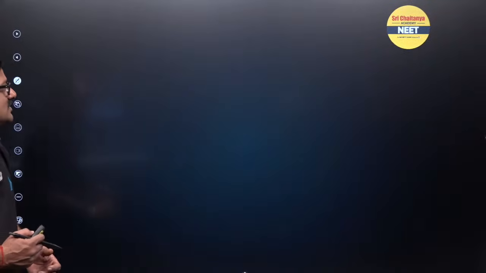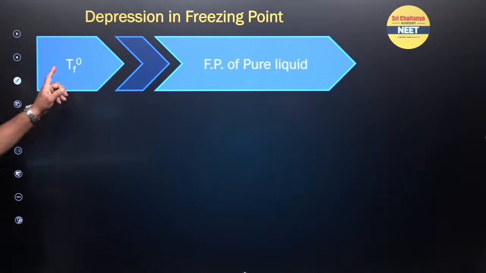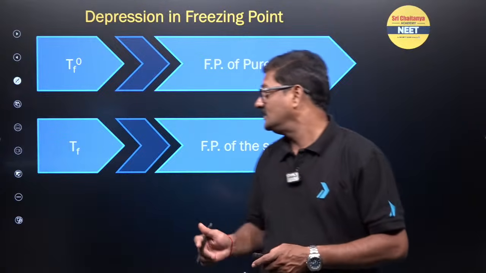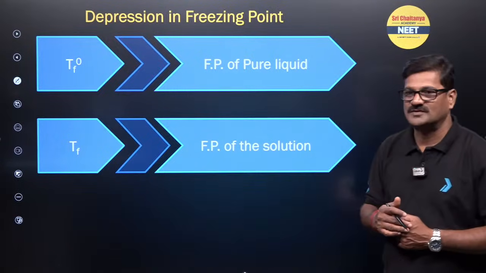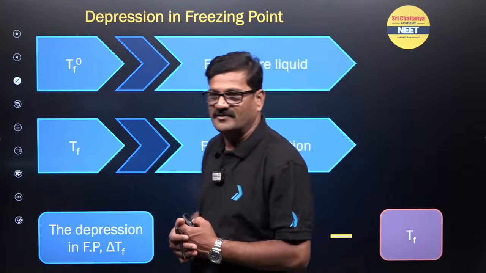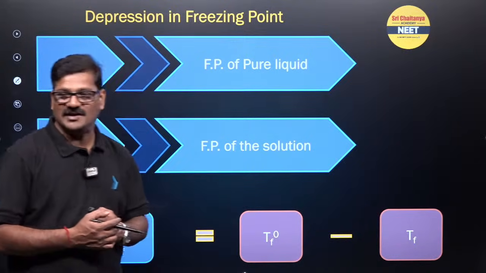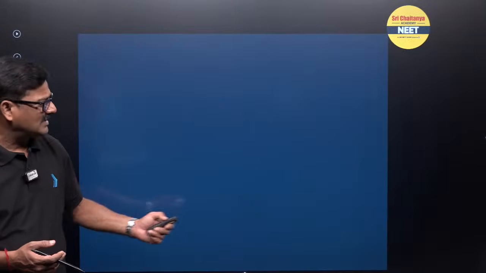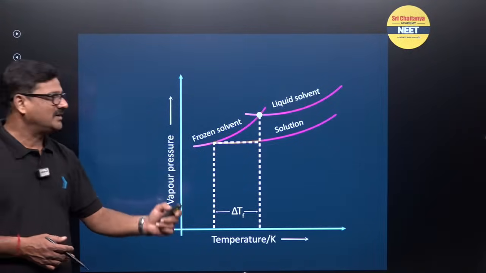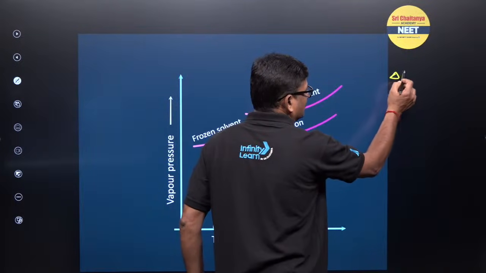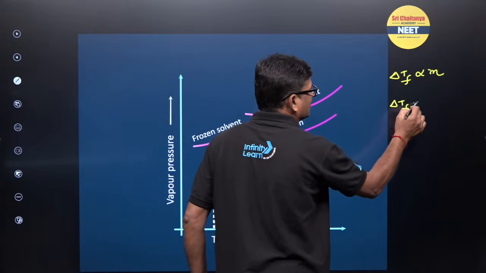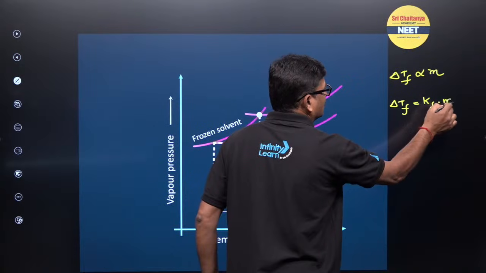That's good. But you can see here, T naught f is the freezing point of the pure liquid, and Tf is the freezing point of the solution, and depression in freezing point is equal to T naught f minus Tf. So this is directly proportional again to molality. I mean to say delta Tf is directly proportional to molality. Delta Tf is equal to Kf into molality.